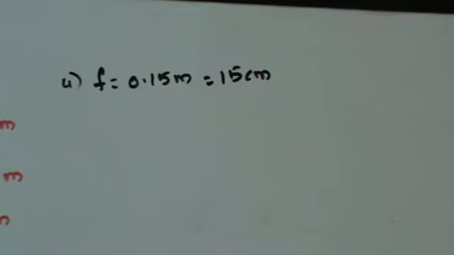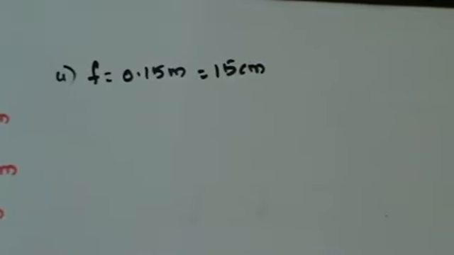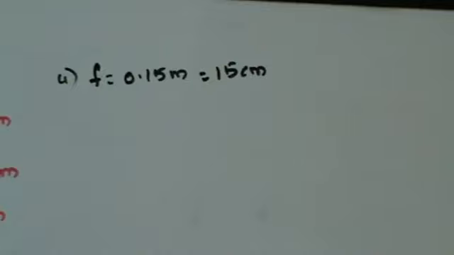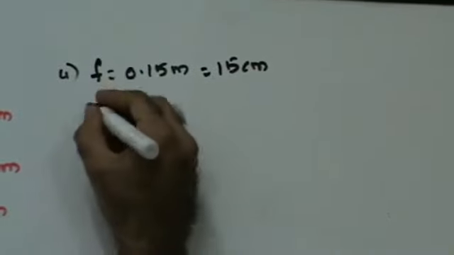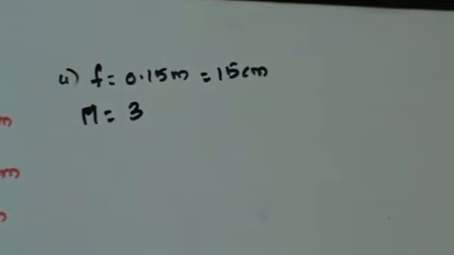At what distance should an object be placed from the lens so as to obtain an image whose size is 3 times the size of the object? Right?